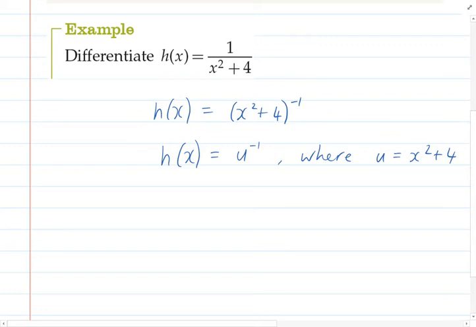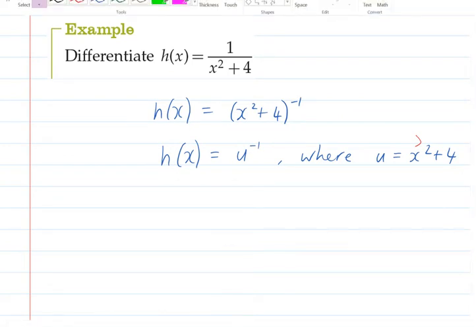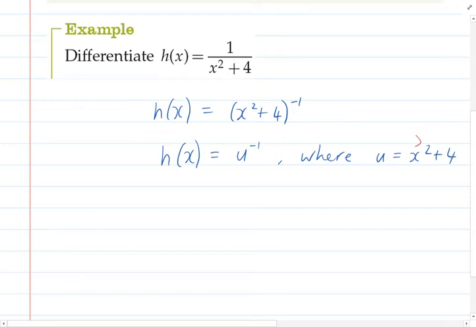So just to explain what's happened here, I've taken this stuff and brought it over here, because what I've said essentially is that this whole bracket is now equal to u. And so instead of having the bracket to the power of negative 1, I've got just u to the power of negative 1.